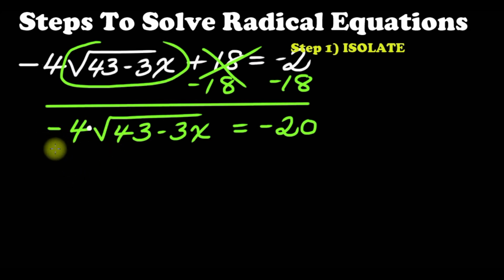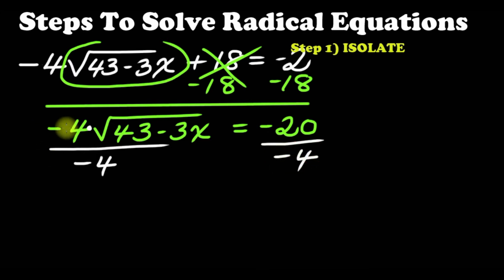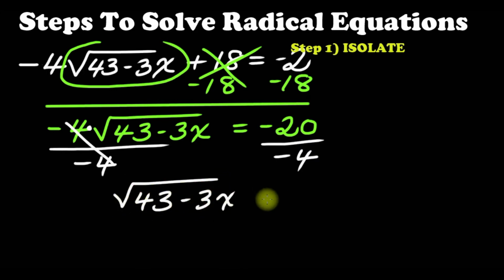We have to get rid of the coefficient, the negative 4. How do you get rid of that negative 4 in front of the square root? We do the opposite of multiply, and that is to divide by that exact same number, negative 4, and then divide this by negative 4. So negative 4 over negative 4 is 1, so you're left with the square root of 43 take away 3x is positive 5.